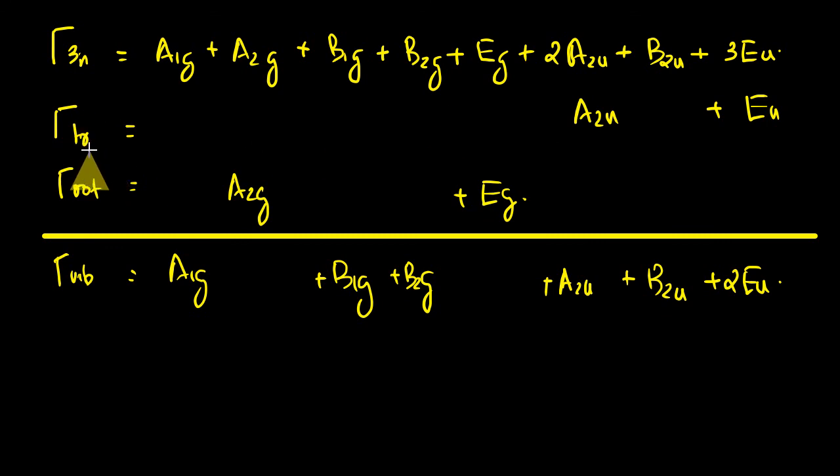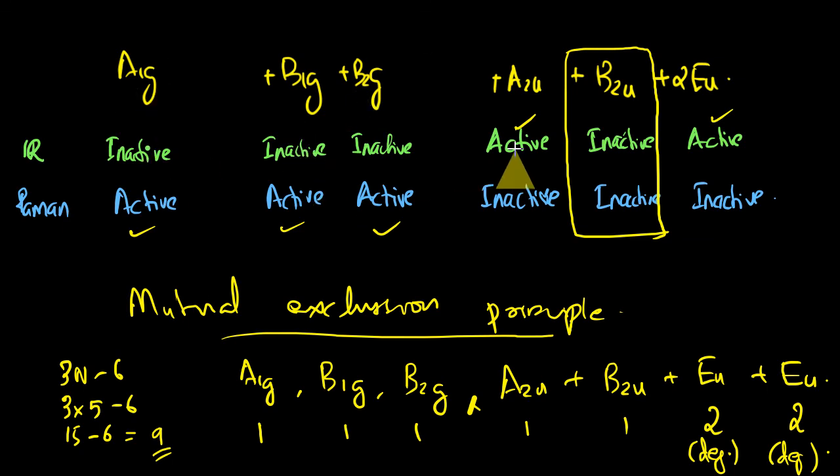Out of that, which are representing the translation, that you can get from the character table, which are representing the rotation, that also you can get from the character table. Then subtract the translation and rotation from the total degrees of freedom. Okay, then you will get the symmetry species corresponding to the vibration degrees of freedom, and then you will look at the character table and assign whether these are IR active or Raman active.